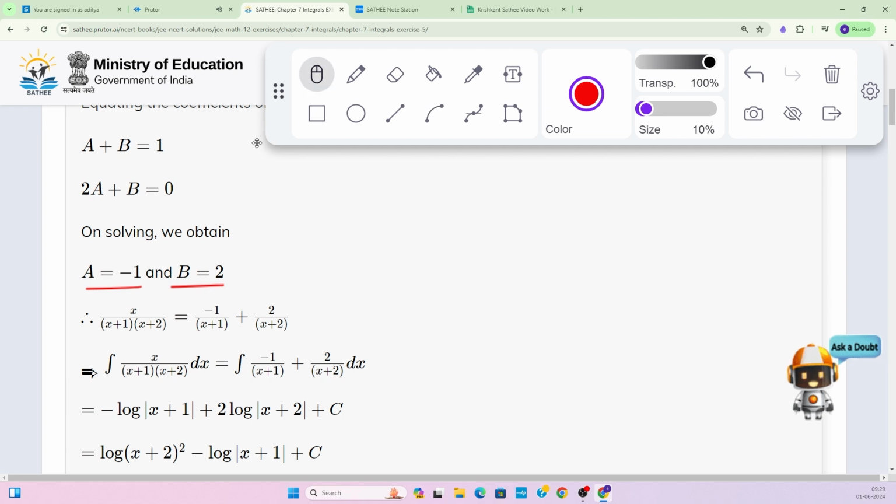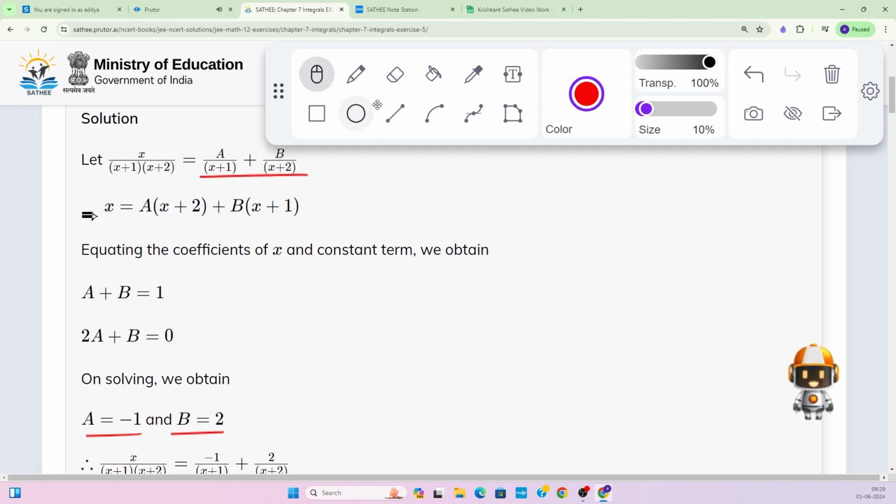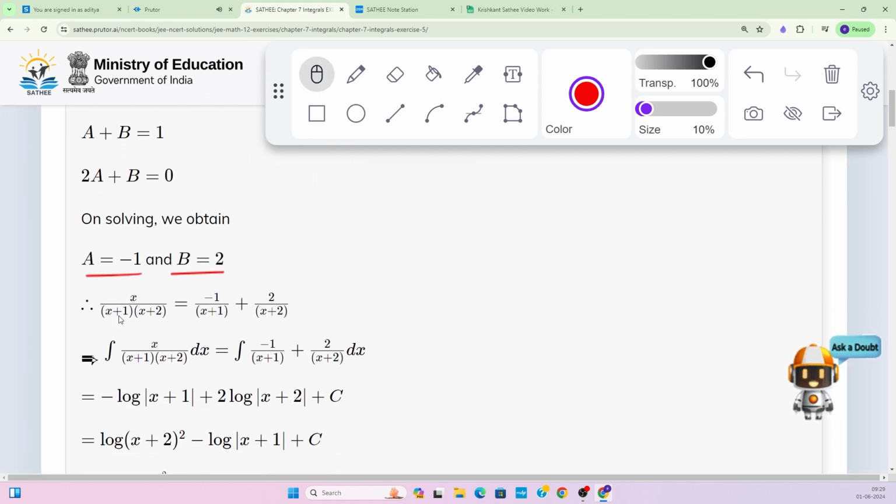Now replace your a and b values. You will get this whole expression changed to this expression.